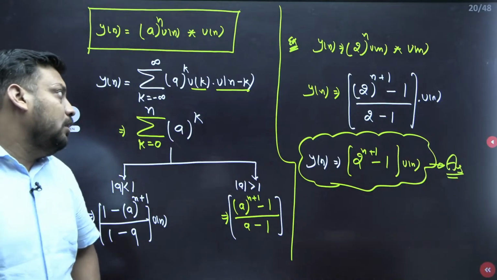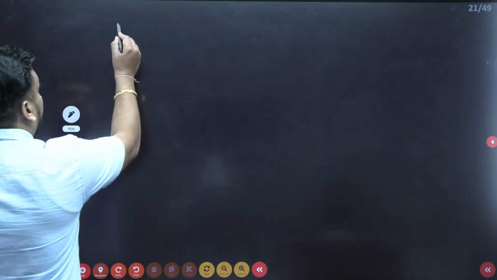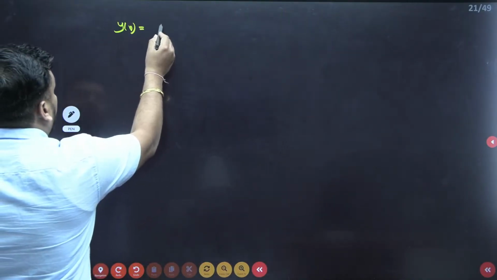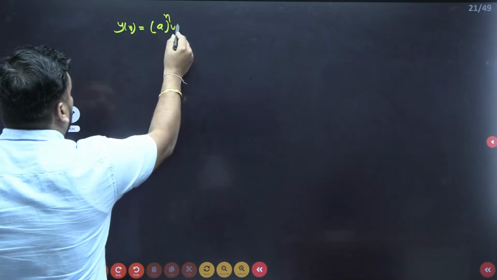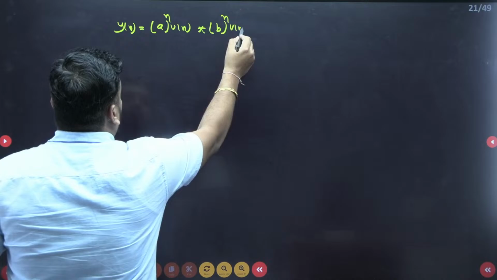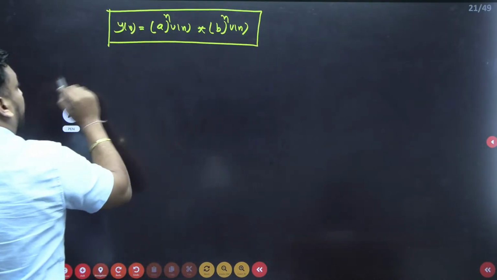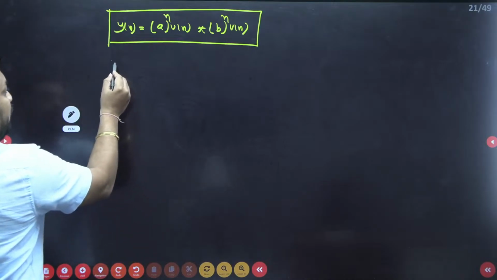So the next question is here: if y[n] equal to aⁿ u[n] convolved with bⁿ u[n], then apply the formula and find the convolution result.